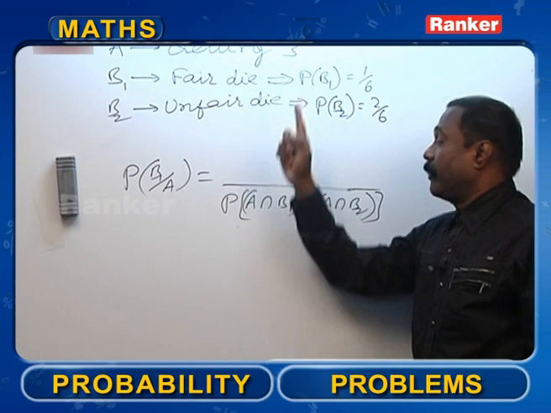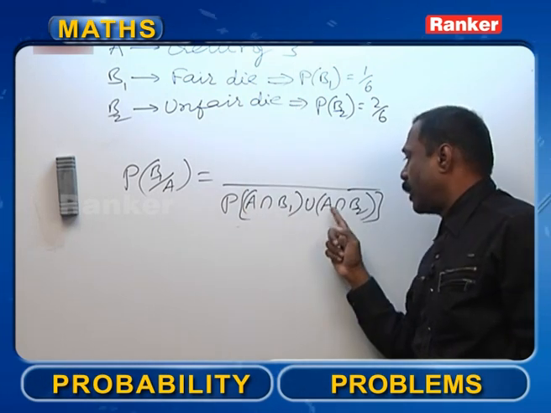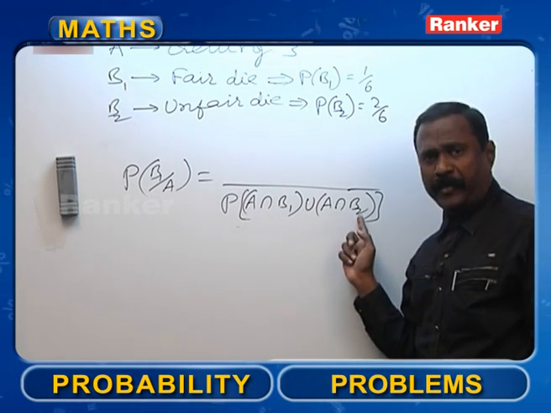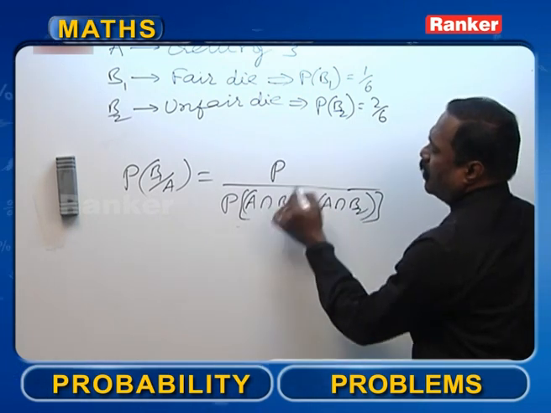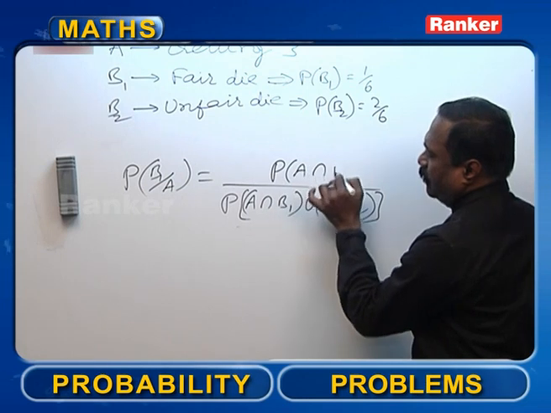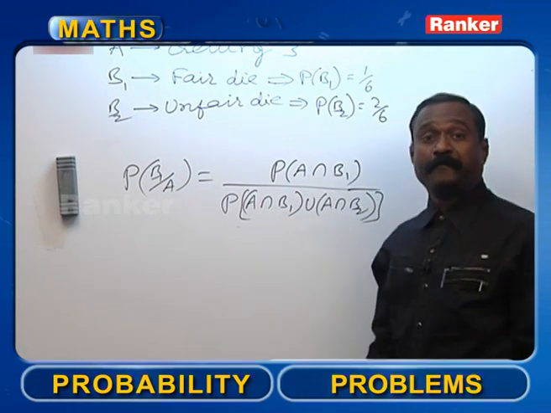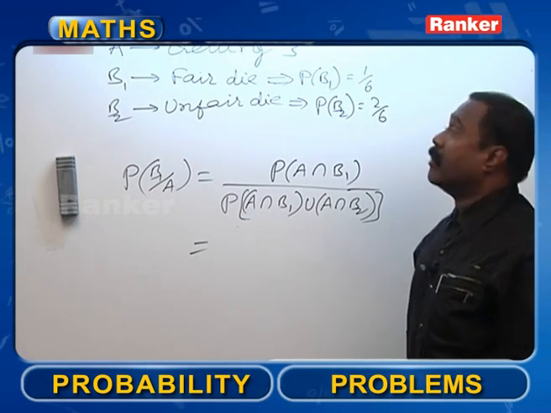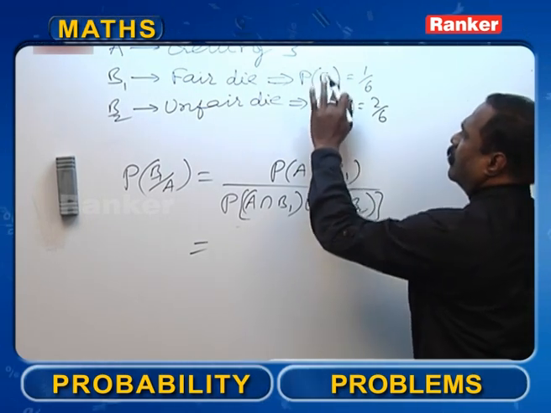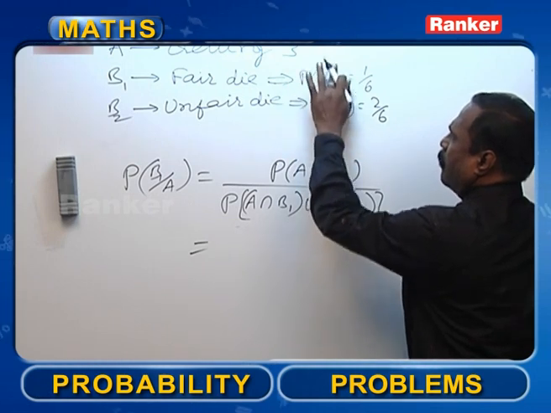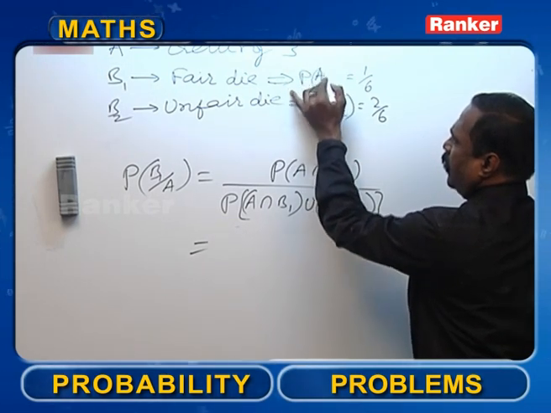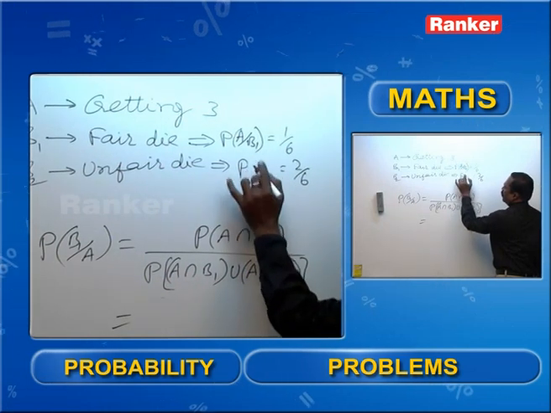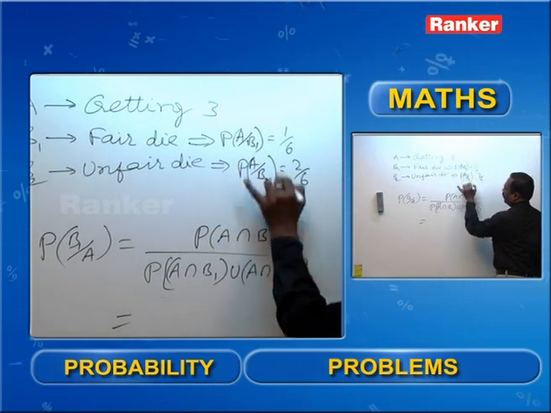A, that is getting 3, may happen with B1 or, this is union, it may happen with B2. But what do we need? We need it to happen with B1. Now, let me write this as A after B1, and this one is A after B2.